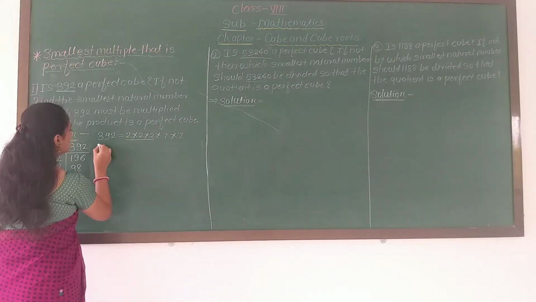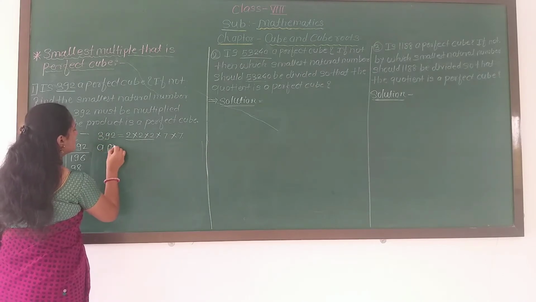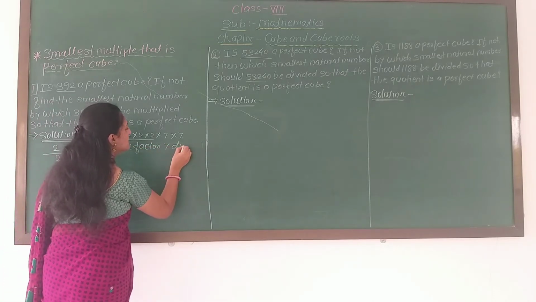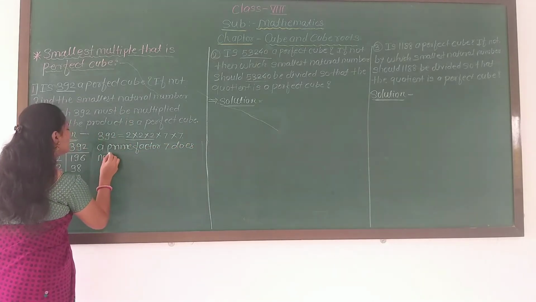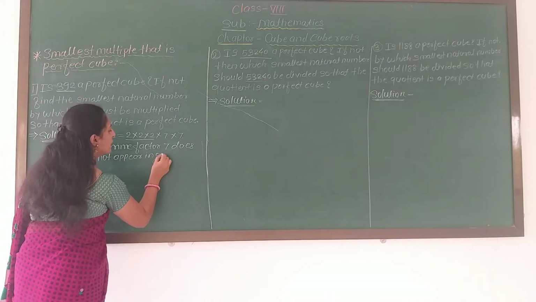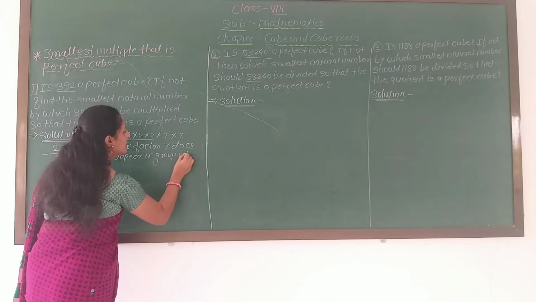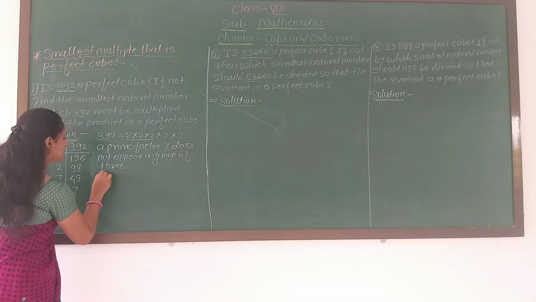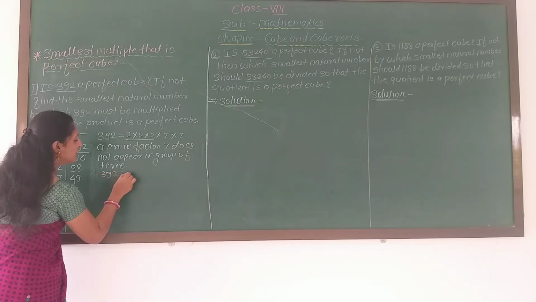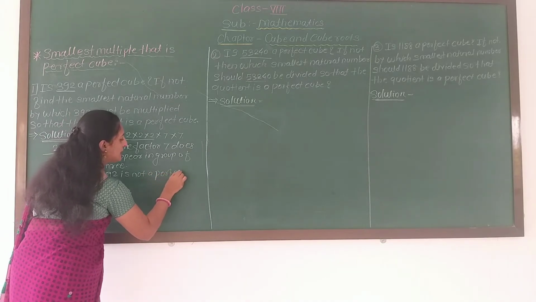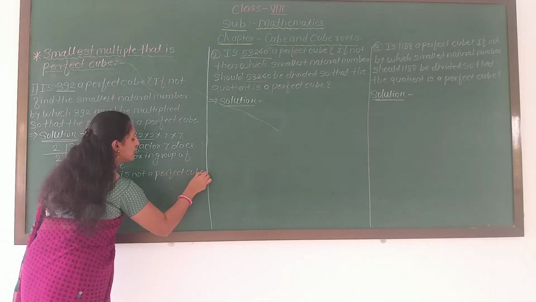So we can write here: a prime factor 7 does not appear in group of 3. Therefore we can say that the number 392 is not a perfect cube.